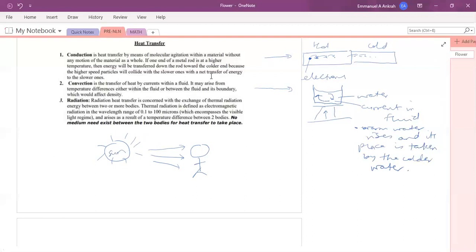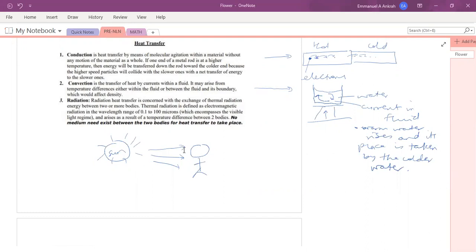So this is how heat is transferred from one object to the other: conduction, convection, and radiation. Three modes of heat transfer.